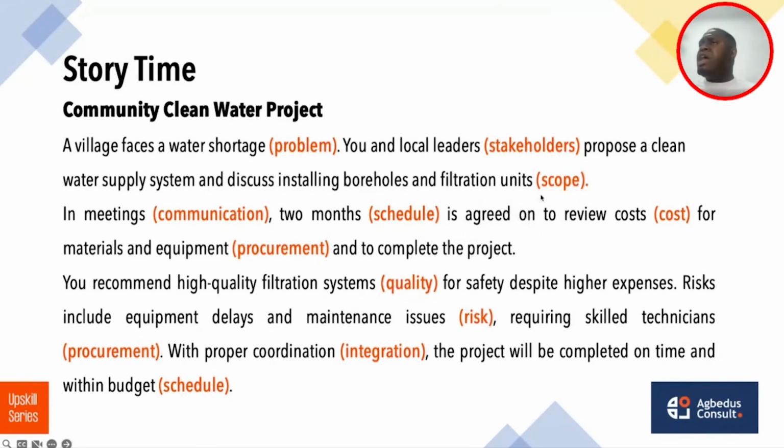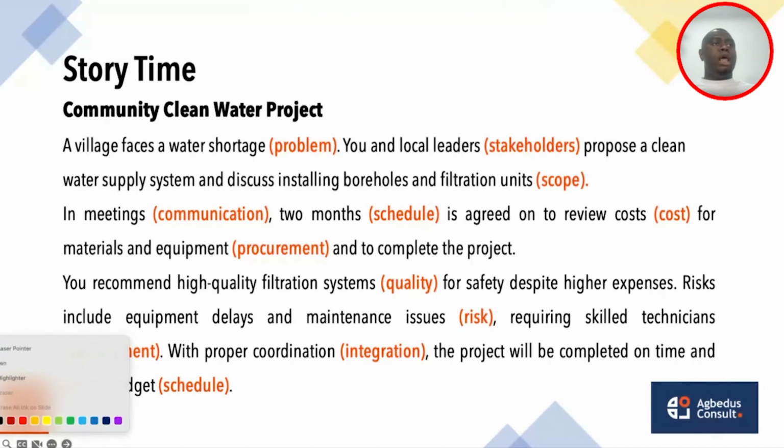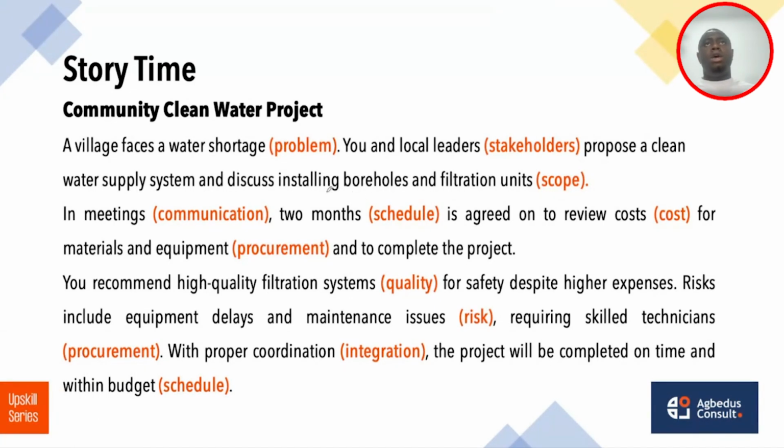That is the main scope. They don't want to do anything beyond that. Anything you do beyond boreholes and filtering units is an overkill to the project. So whenever you're embarking on a project, the scope is very important. Let me take the pen and highlight it. The scope of the project is installing boreholes and filtering units.